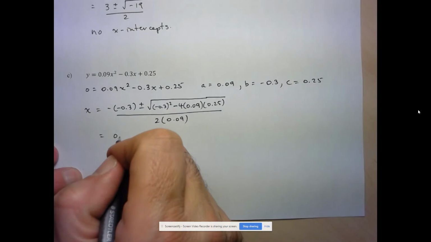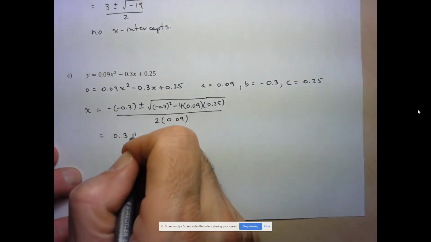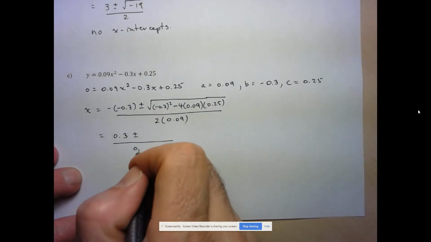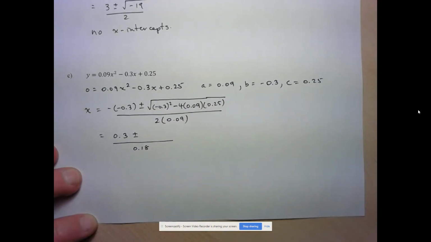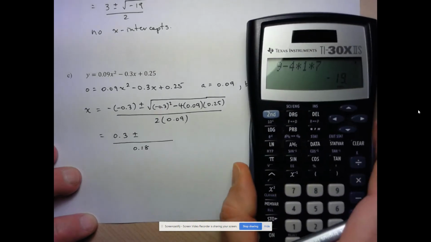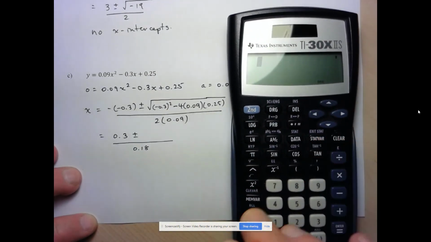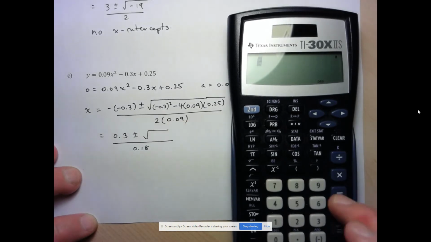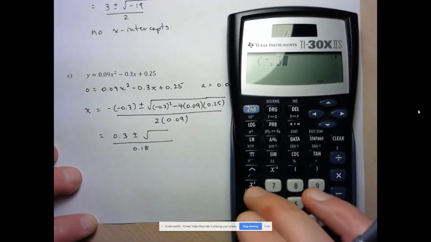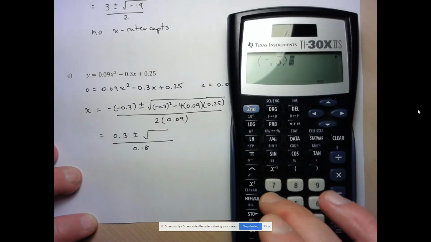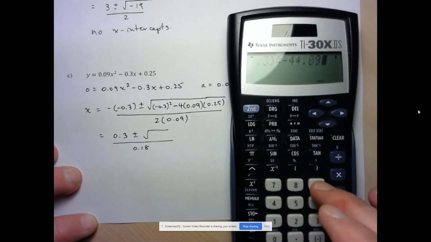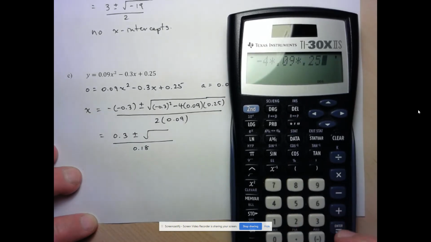Okay, so let's, again, clean this up. This is going to be positive 0.3 plus or minus. In the denominator, this is just going to be 0.18, 2 times 0.09. Okay, so let's put square root there. So it'll be square root of, so we have negative 0.3 squared, minus 4 times 0.09 times 0.25, and look what we get.